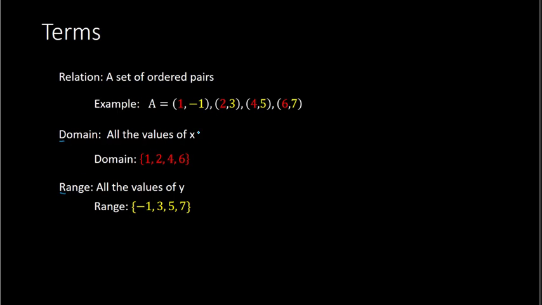Well, same thing with x and y. X comes first and y comes second. So the words and letters that go first go together, and then the range and y, which comes second, will go together as well. So just maybe a little way to remember which one is which.